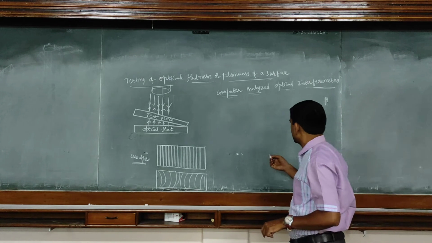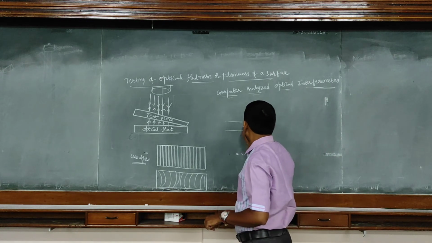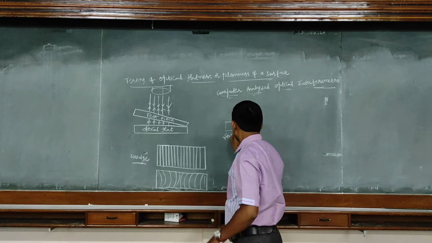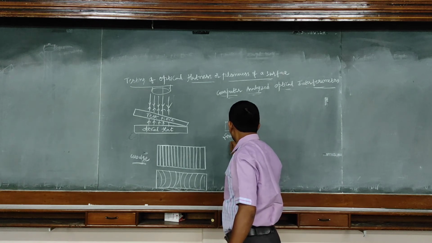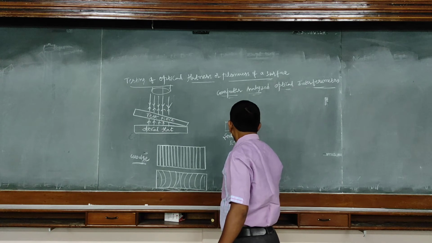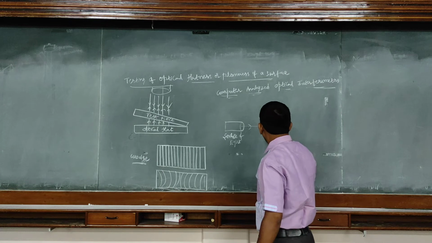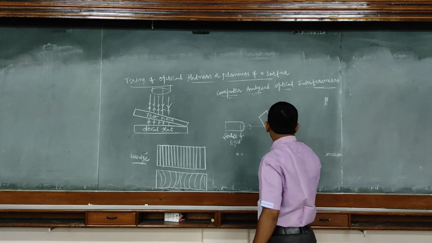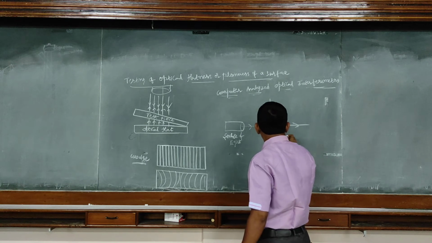How? We will discuss. In order to understand that concept, let us consider the source of light. From this source of light, a light ray is incident on a 45 degree angled glass plate, or in other words a beam splitter, from which the light beam is split into two rays.